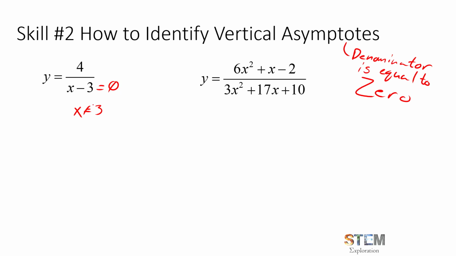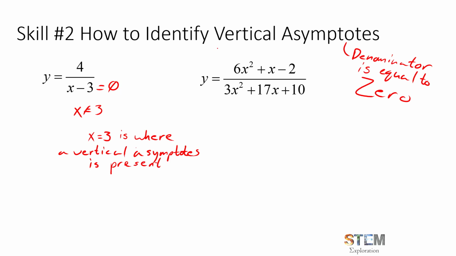So this means, using this idea of the zero product property, that at x equals 3 is where a vertical asymptote is present. And if you think about what an asymptote is, it's just this imaginary vertical boundary, all right?